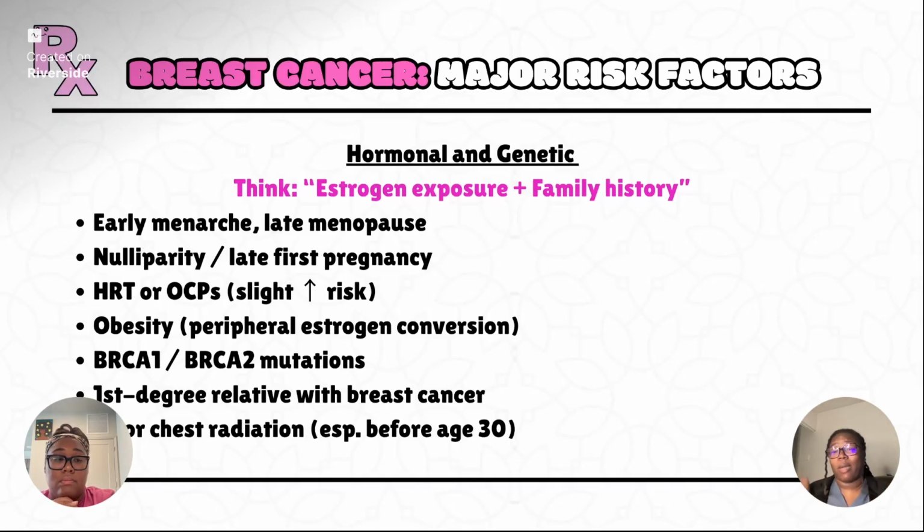And so that's why we have to wear that lead that goes across our chest and then the thyroid shield because that's chest radiation, that's chest exposure to radiation, and so that can cause, especially for before age 30, that can also be a major risk factor for breast cancer.